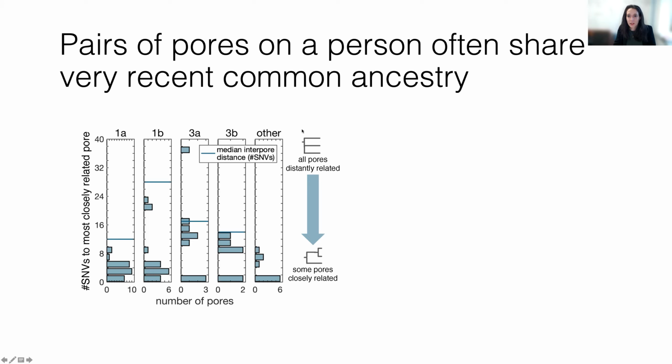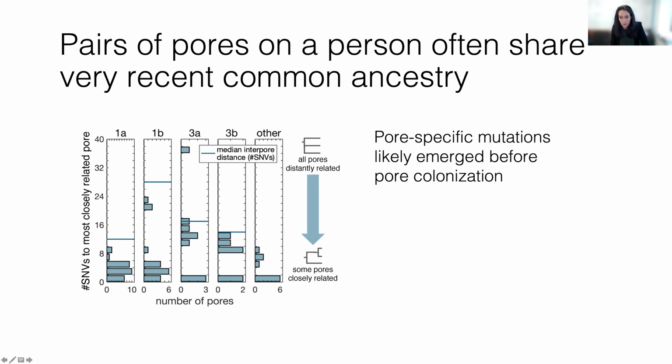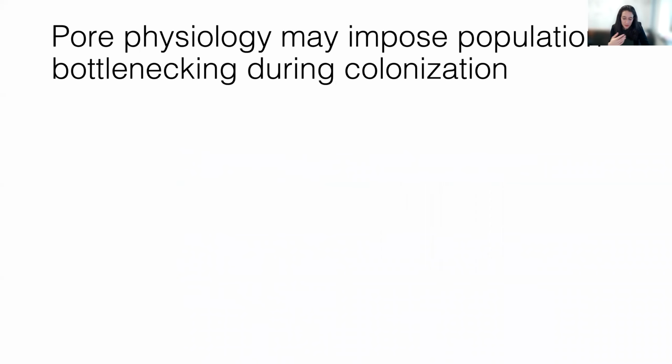We don't see the comb-like tree structure that you would get if each pore were colonized once and then separate. And so we think these pore-specific mutations didn't happen within the pore, but probably happened during the colonization event of that pore, where pores are maybe destabilized and then recolonized.